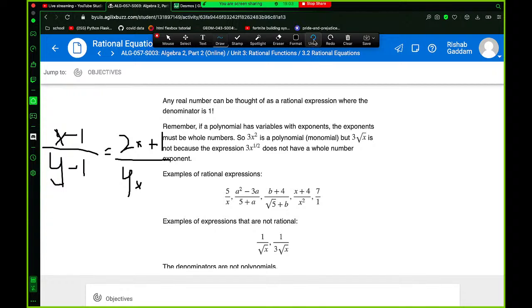Sorry, that's supposed to be a y, and that does not look like a 4. That's 4y minus 6. So that's kind of what it looks like.